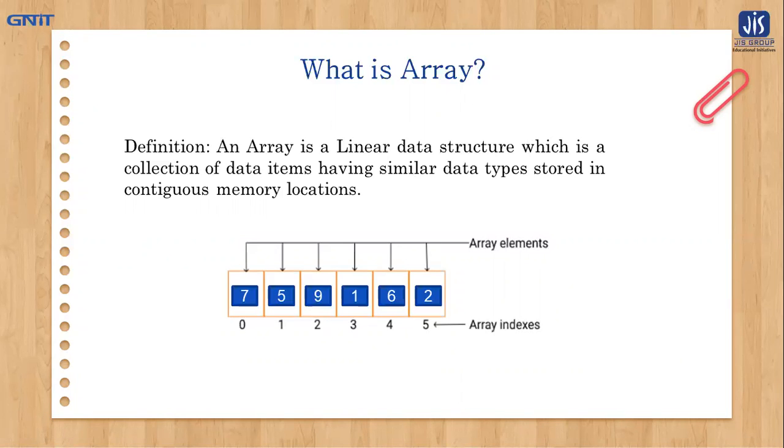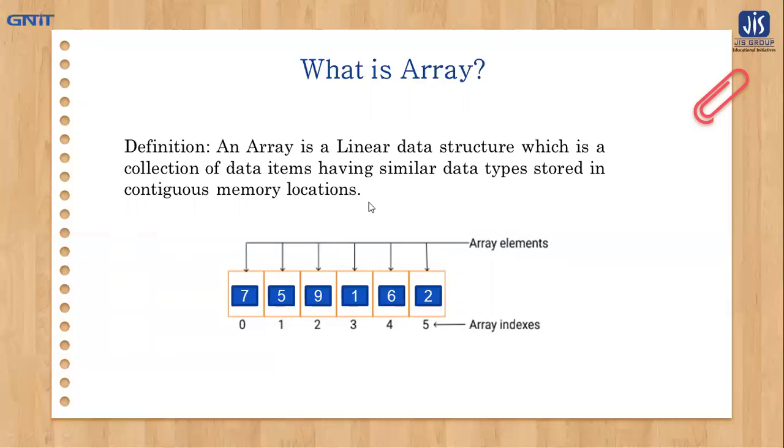For this we have to choose structure. But for array we can store similar kind of data. If we are storing integer type of data, then we can store only that type of data. If we create a character array, then we can store only characters in that particular array.